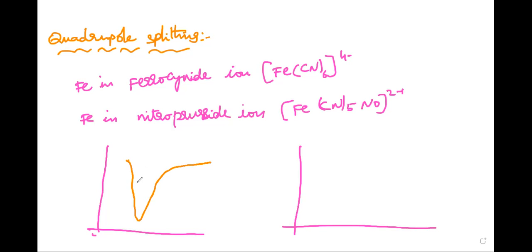Okay, this graph is for ferrocyanide. The majority of Mössbauer nuclei have non-zero spin, and most of them have half integral rather than integral spins. This is for the nitroprusside ion.